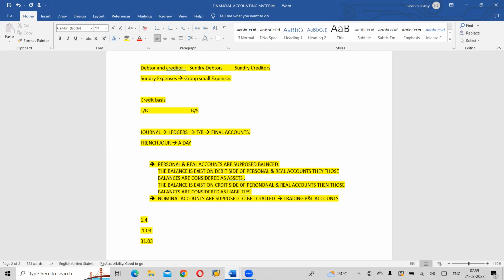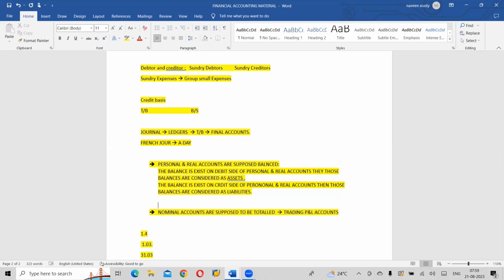I'll prove in the next two sessions why it is known as an asset, and why, if a credit side balance is there, it is considered a liability. So why are we calling it a balance sheet? The sheet contains the personal and real account balances. If the debit balance is there, it is considered an asset, and if the credit balance is there, it is a liability.